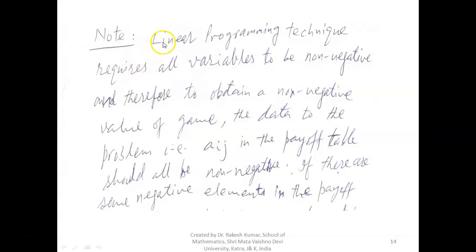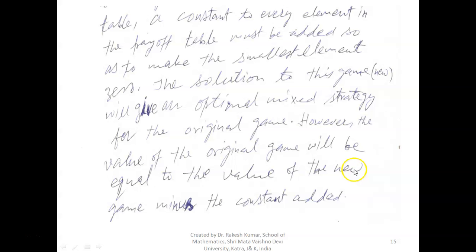There is one note: linear programming technique requires all variables to be non-negative, and therefore to obtain a non-negative value of the game, the data to the problem, that is aij's in the payoff table, should be non-negative. If there are some negative elements in the payoff table or matrix, a constant must be added to every element in the payoff table so as to make the smallest element 0.